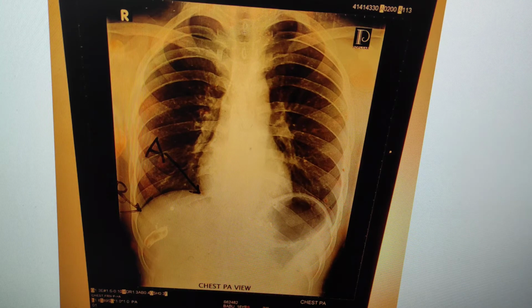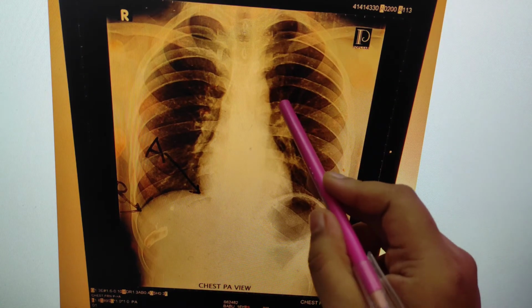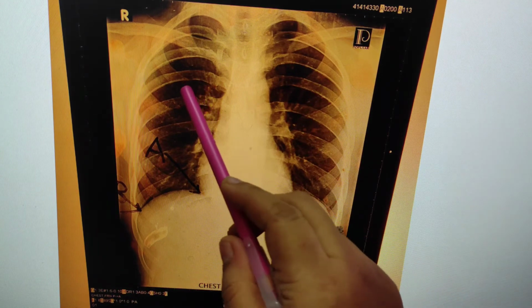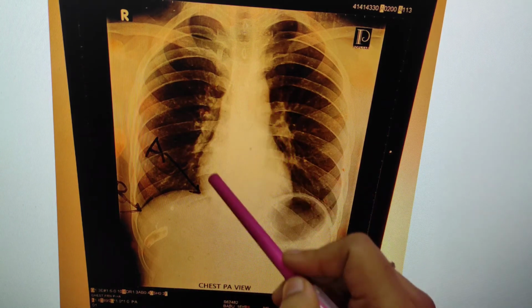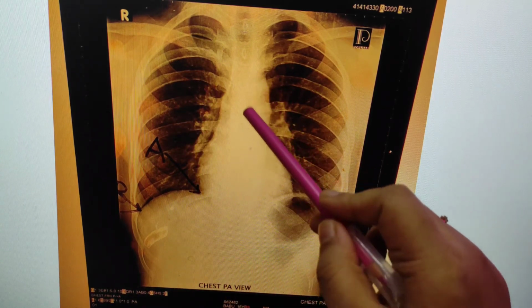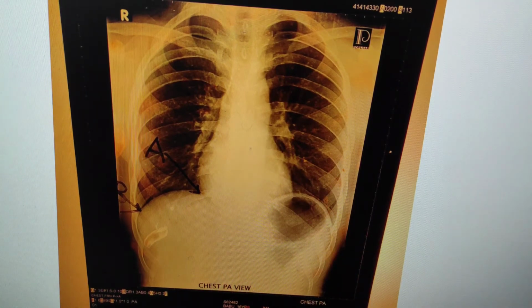Now we will discuss what is radiolucent and radio-opaque shadow. Radiolucent is black in color and radio-opaque is white in color. This is radiolucent and here the shadow that is white in color, that is radio-opaque.